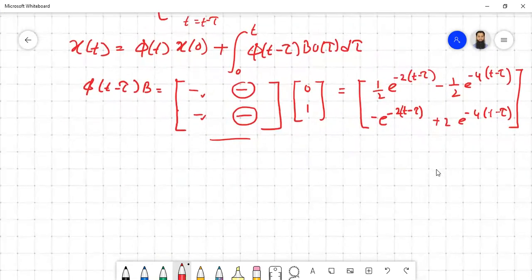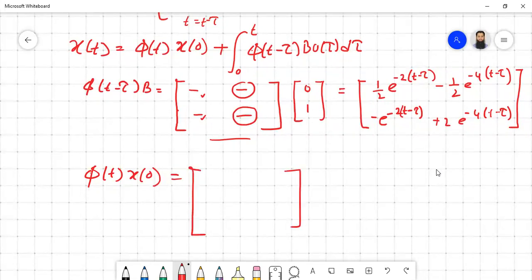we can also find out the state, phi t into x0. So phi t we already calculated, and then x0 is 1, 0.